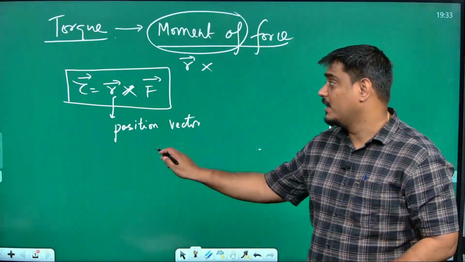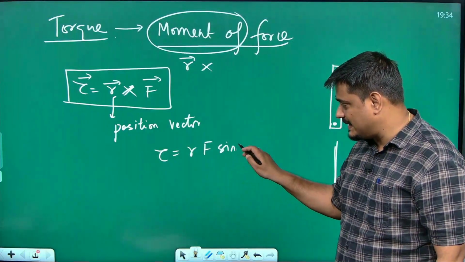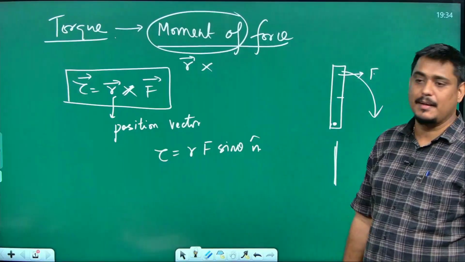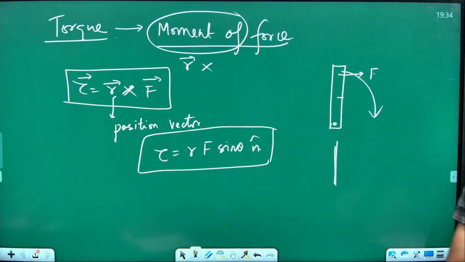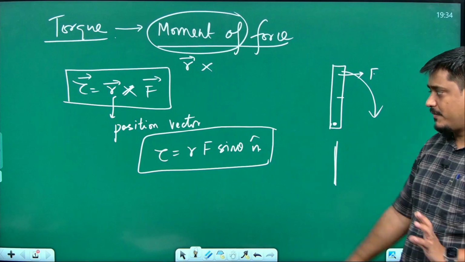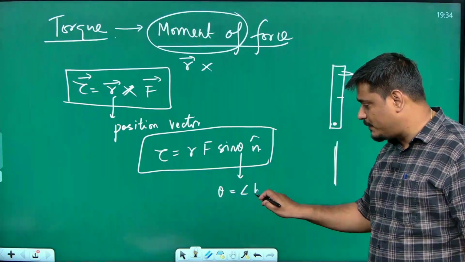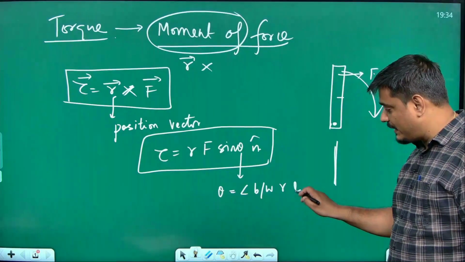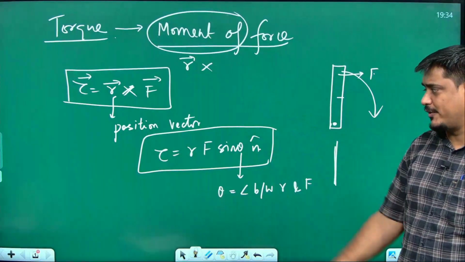So here what will happen? Torque will become equal to R F sine theta into n cap. This is how we represent torque in scalar form, R F sine theta n cap, where theta is the angle between R and F. What is R here? R is the position vector, I told you, in vector form.